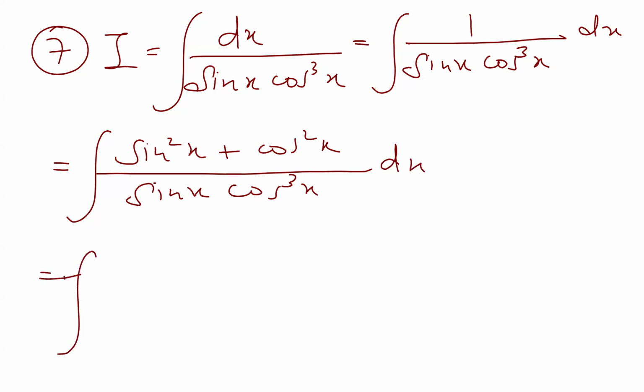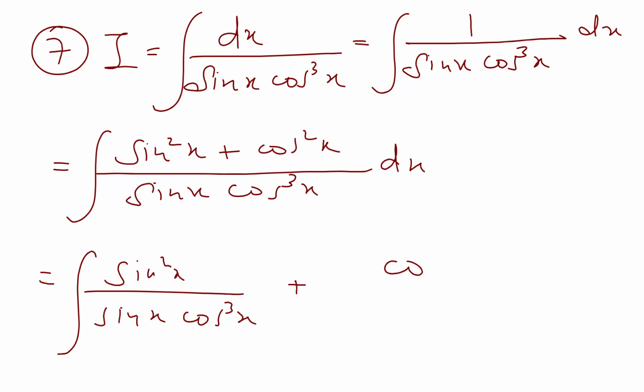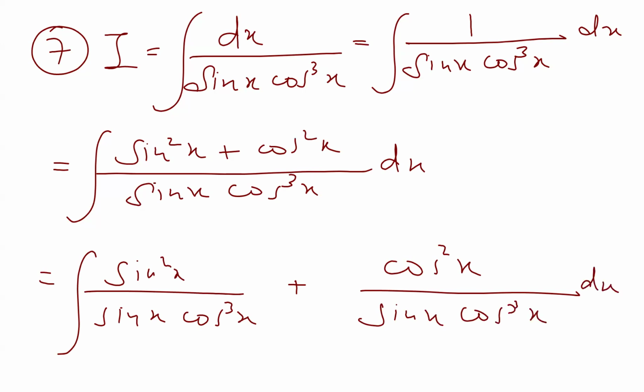Further, we are going to write this as sin square x upon sin x cos cube x plus cos square x upon sin x cos cube x dx. Here one sin will get cancelled, so it is sin x upon cos cube x, and here cos square and cube get cancelled, so 1 upon sin x cos x.